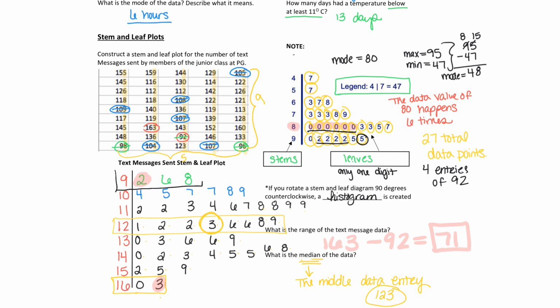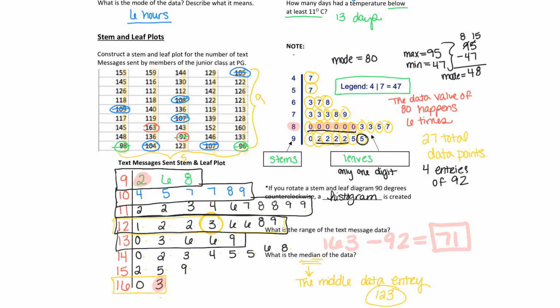My first bin would be how many text messages are in the 90s, my next bin the 100s, the next one the 110s, 120s, 130s, 140s, 150s, and 160s. If you turn your head to the right, or turn your computer counterclockwise, you will see you've just made your first histogram. We're going to be discussing histograms later.